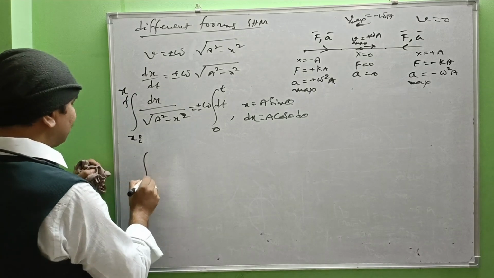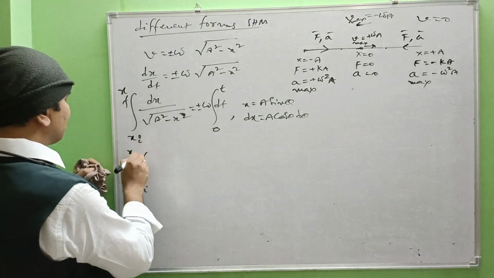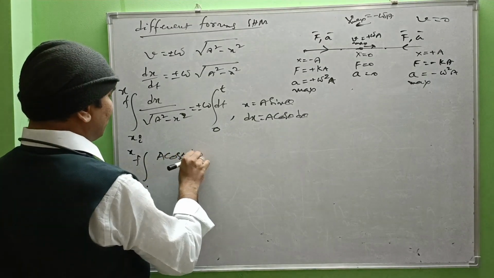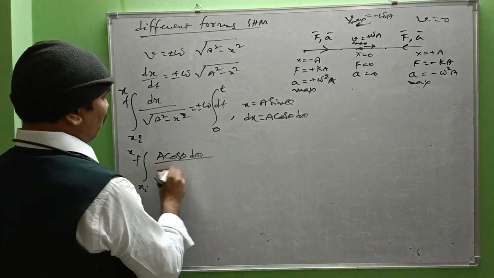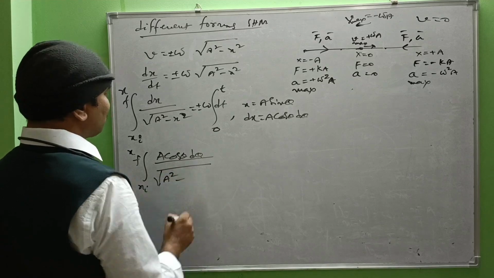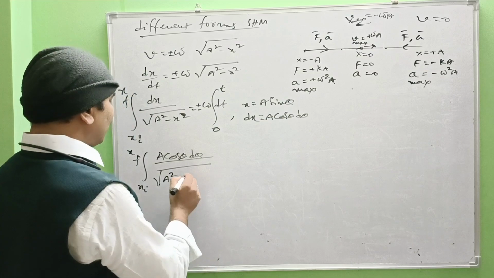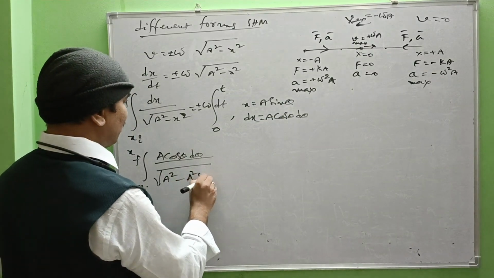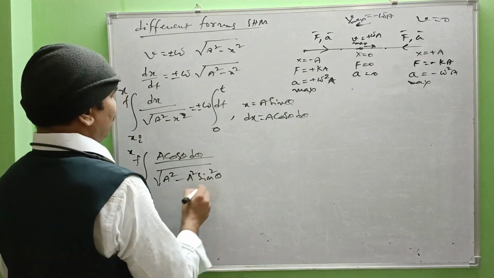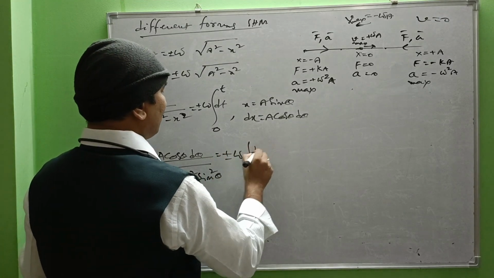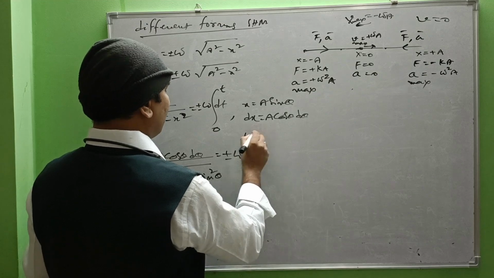Now replace dx with a cos theta d theta. So integral xi to x final, dx means a cos theta d theta, divided by root over a square minus x square, that means a square minus a sin theta whole square, that is a square sin square theta, equal to plus or minus omega into integral dt from 0 to t, right?